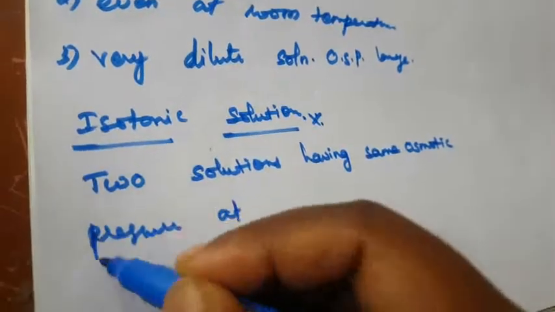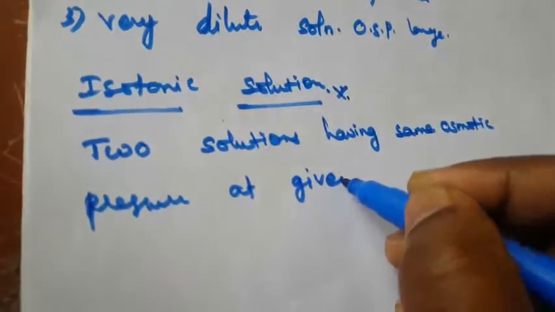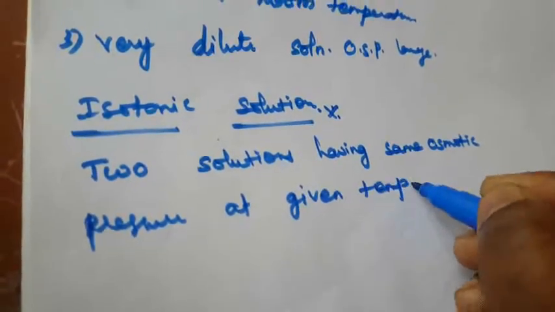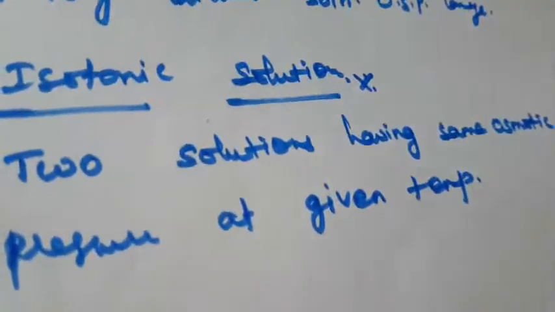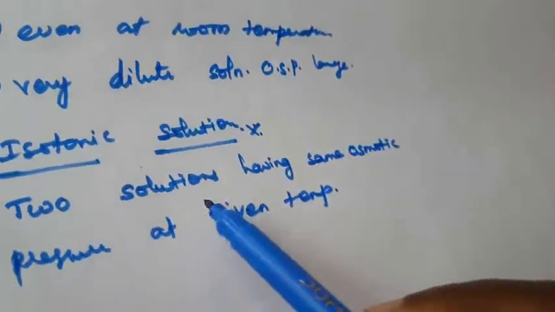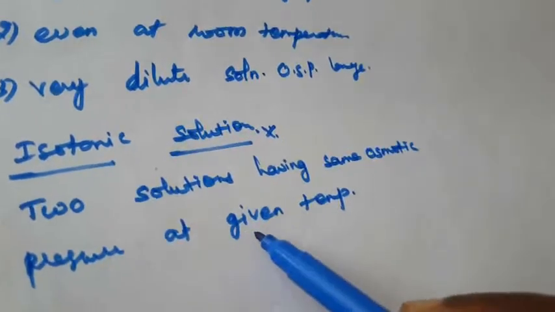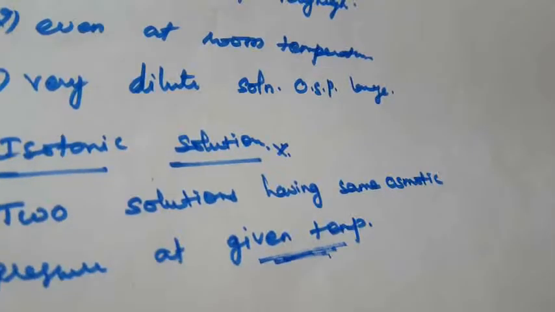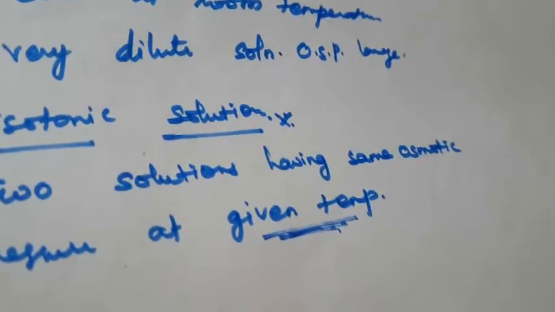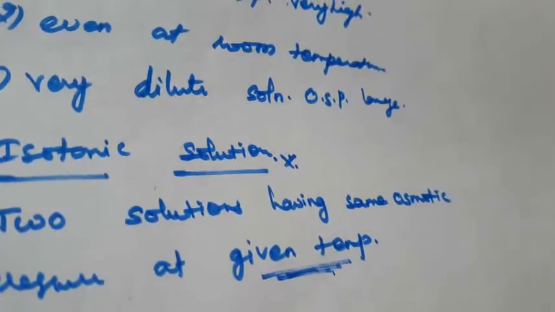Two solutions having the same osmotic pressure at a given temperature are called isotonic solutions. This is a very important question. The words "at a given temperature" are very important. That is called an isotonic solution.